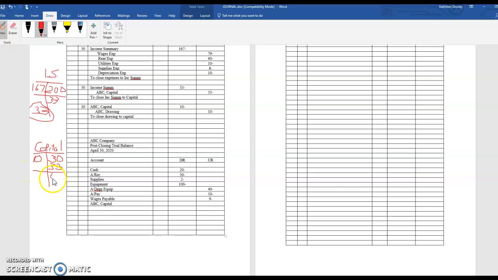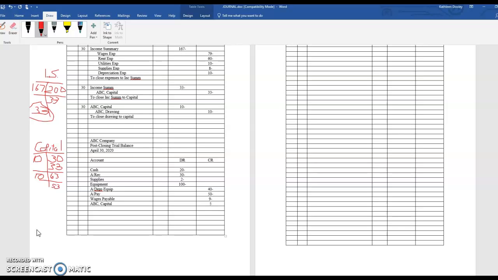So I got 63 credit, 10 debit. So my balance is 53 credit.